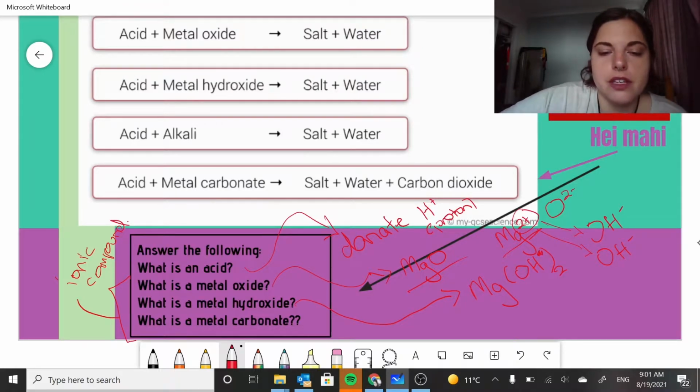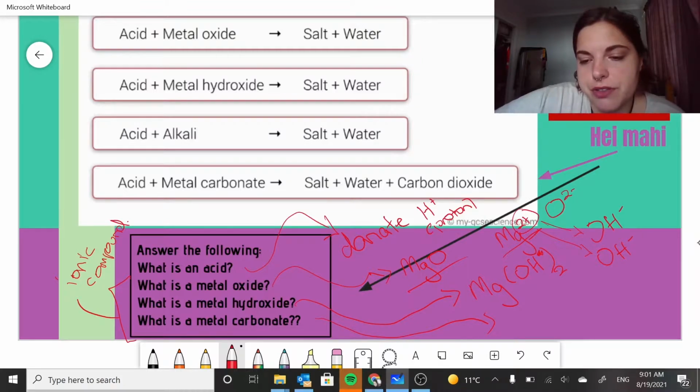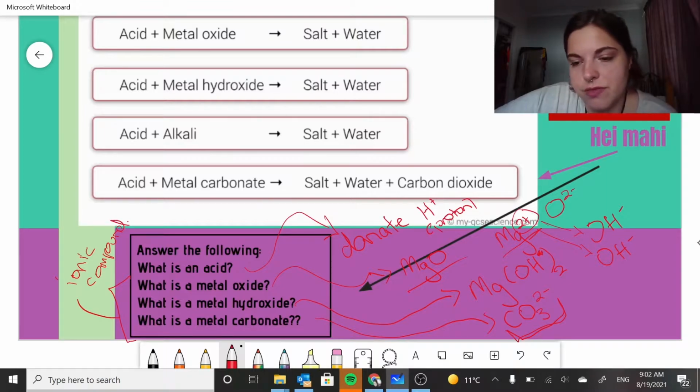And last but not least, our metal carbonate. I'm not sure if you remember, but our carbonate anion looks like this. This is a carbonate, and we've been using magnesium, so magnesium carbonate, right?